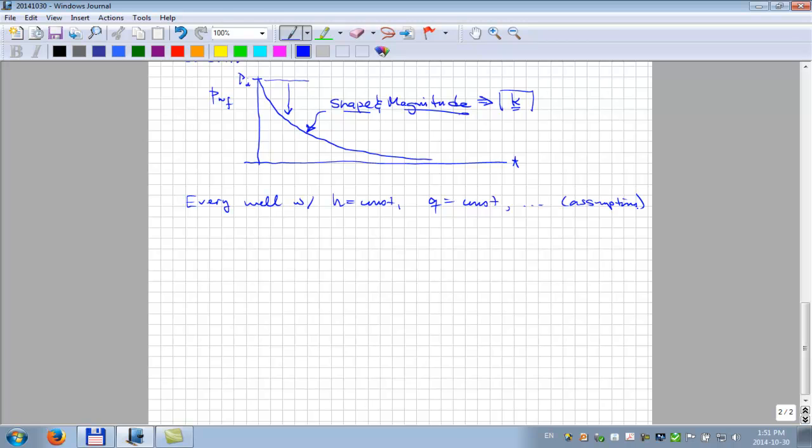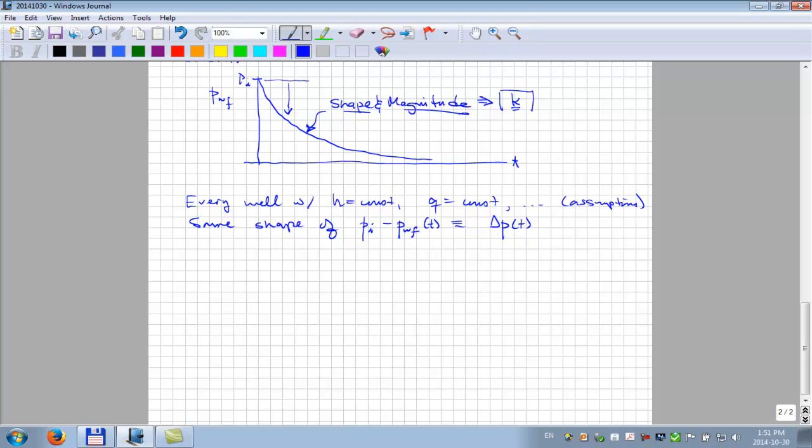If they're not violated, you can go to any well in the world and it will have the same shape of pressure drop, which I'm going to call Pi minus PWF. That's going to be defined as delta P. Same shape.